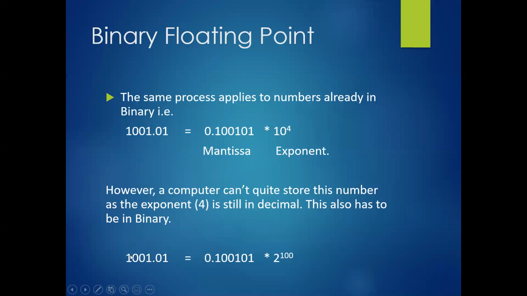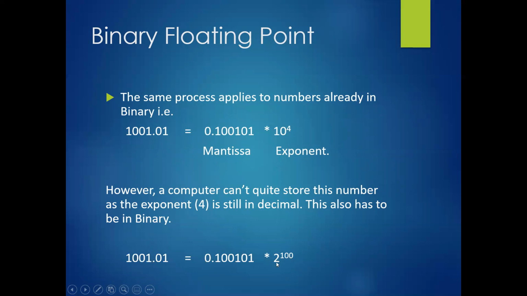So ultimately our number 1001.01 is equal to 0.100101 times 2, because we're now in base 2 binary. And this number here isn't 4, it is 100, which is 4 in binary. And ultimately what a computer stores in its memory is the mantissa here and the exponent here. And that's all it has to store.